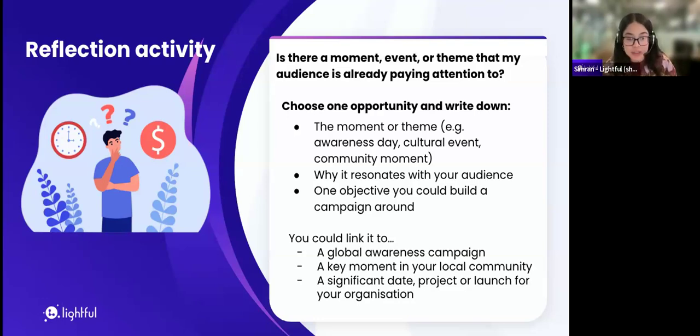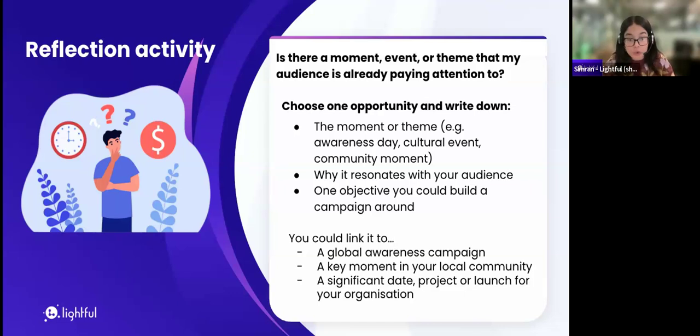So as you think of this, I'm going to give you some more little hints and ideas. So you could potentially link your campaigns to a global awareness day. I saw that Legacy mentioned International Day of Persons with Disabilities, which I know is very relevant to their organization. You could also link it to a cultural or faith-based moment that is important to your supporters, as we saw MAP do with Ramadan and also with Christmas for those that live in the West.